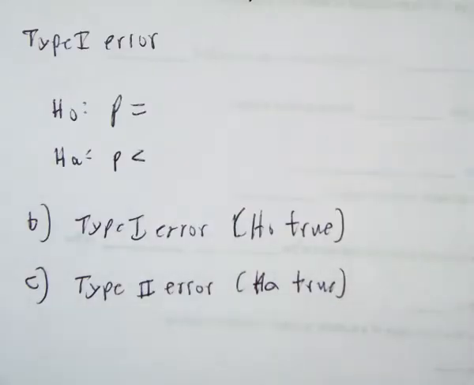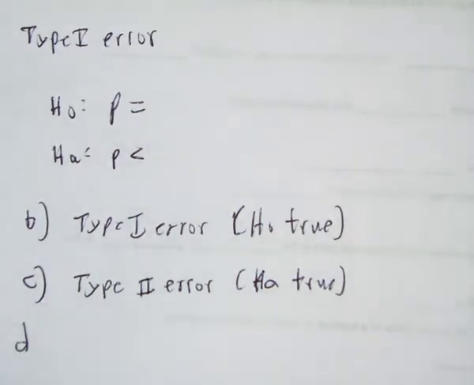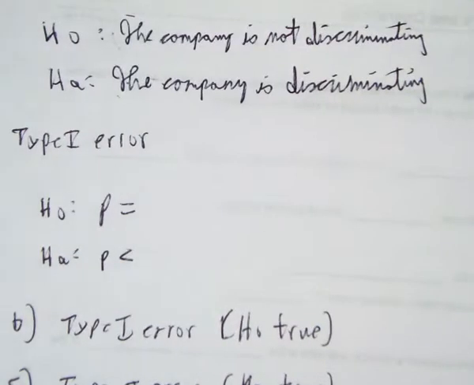Question D, what is the power of the test? Power is always the probability of correctly determining that the alternative hypothesis is true.